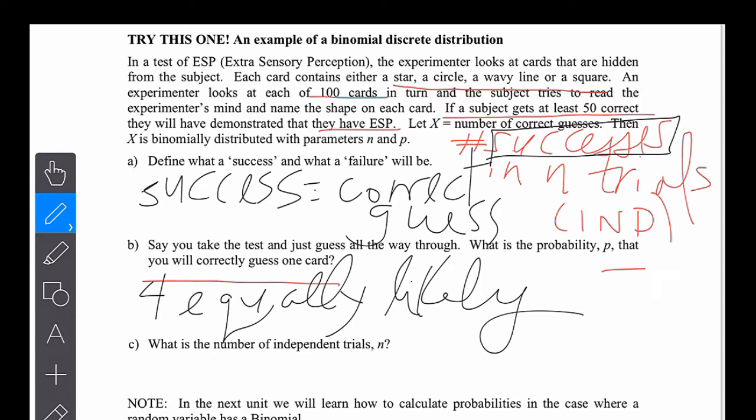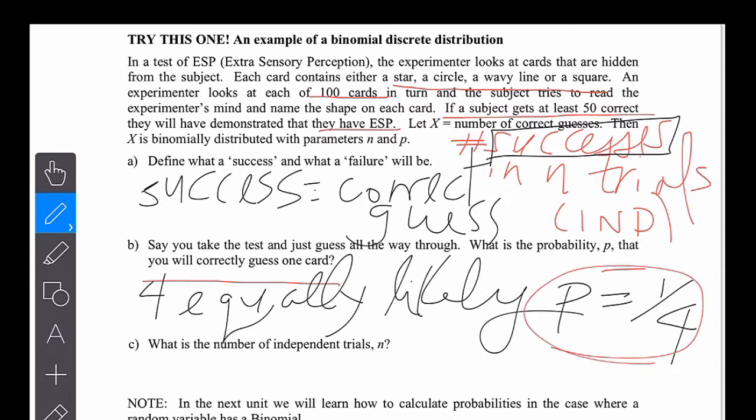And the way that this would work is every time the cards are shown, the experimenter should be starting with a fresh deck of cards. So the chances are equivalent in each try, and there's 4 equally likely outcomes. That means p must be 1/4 or 25%.